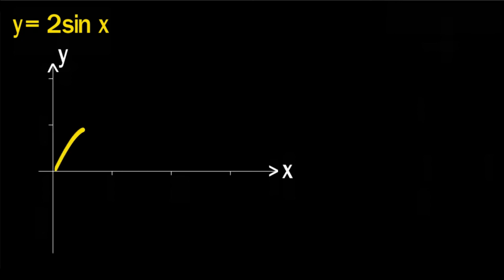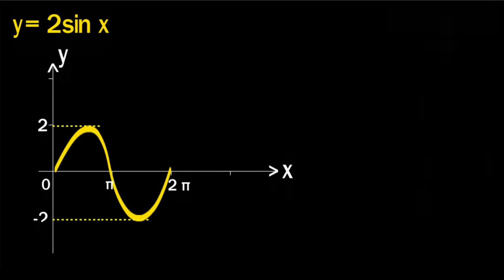So we have sine x with the graph of x, and here is 2 pi, here is pi, here is 0, and we know that the maximum value is 1. So now when you multiply with 2, you will get the maximum value equal to 2. Similarly, we know that the minimum value for the graph is -1. Now we multiply by 2, we will get -2.